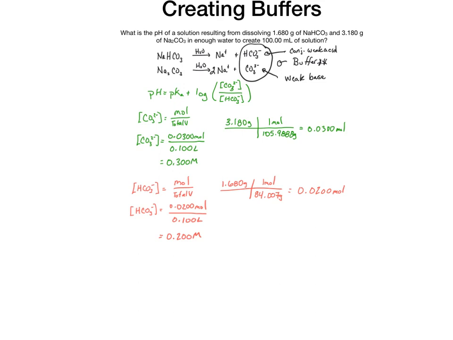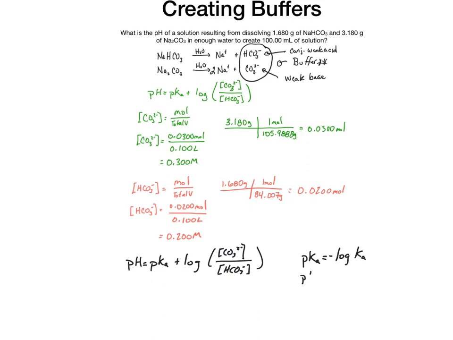And so I know that the pH is equal to the pKa plus the log of the concentration of the carbonate over the concentration of the bicarbonate. And I know that the pKa is equal to minus log of the Ka.